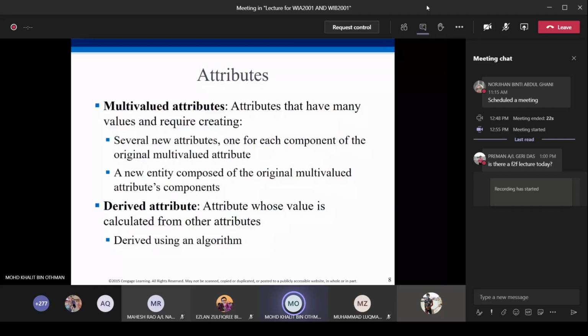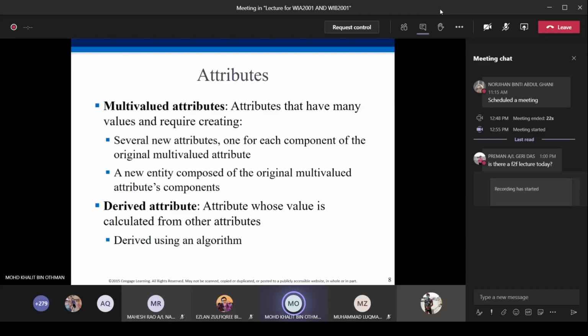Still about attribute, okay, class. A multi-value attribute is an attribute that has many values and requires creating several new attributes, one for each component of the original multi-valued attribute. For example, attribute car color, we can create several new attributes for car color, like car rim color, car body color, and car lamp color, as I said earlier.